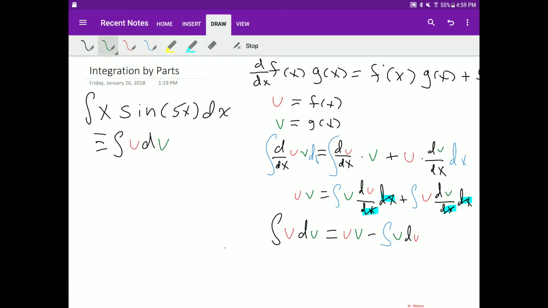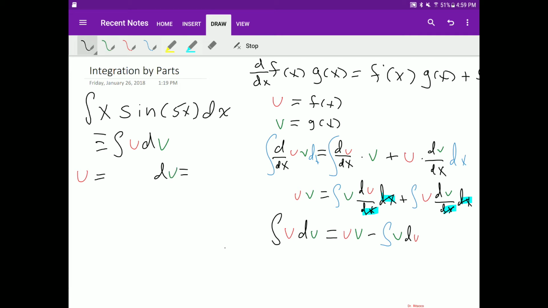So what that means is we're going to look for a piece in our original function to call u, and a piece in our original function to call dv. So that's where we're going to start, by establishing what is u and what is dv.